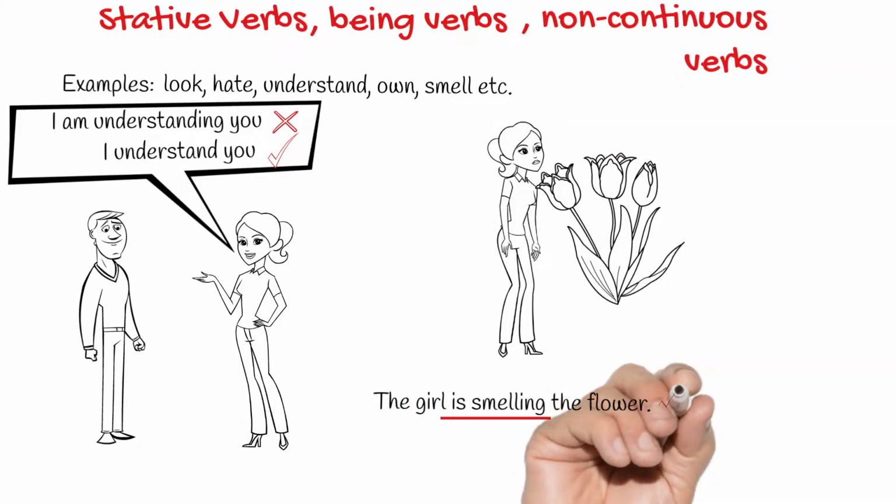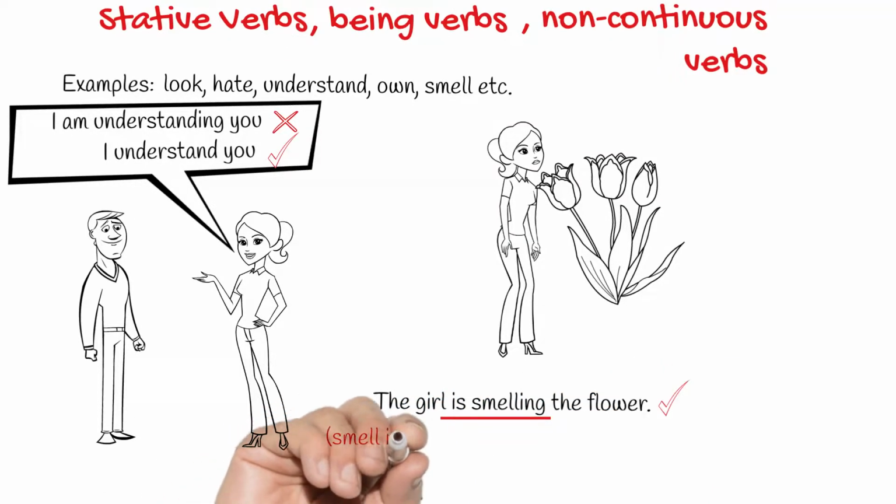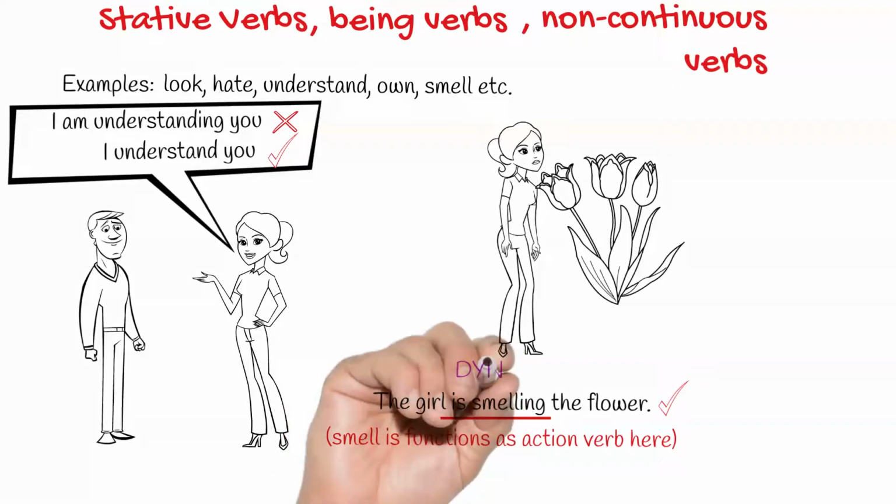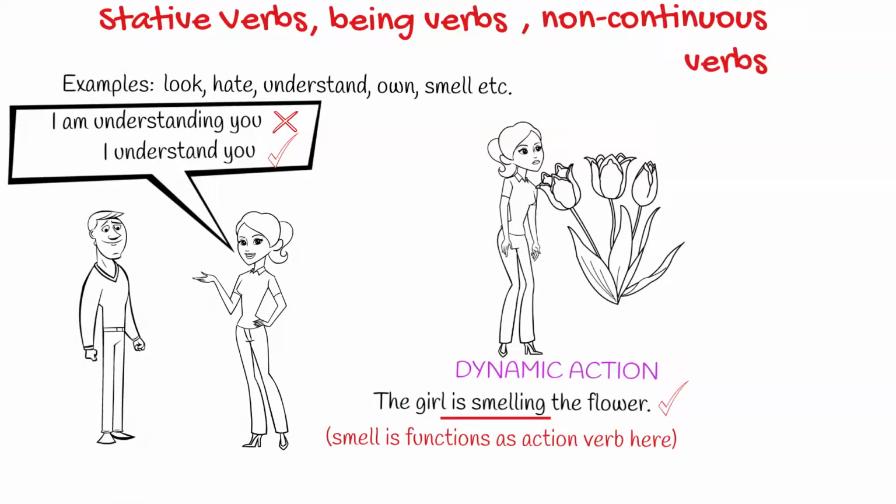The verb here is no longer a stative verb because it is describing a physical action. Put short, if a verb describes a dynamic action, it is an action verb. If it describes a static condition, situation, or state of being, it is a stative verb.